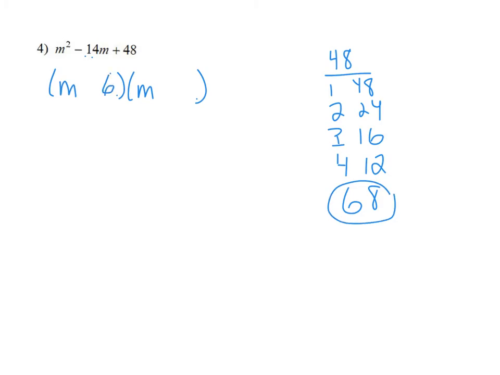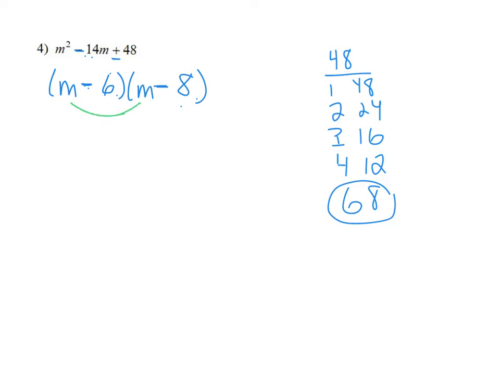Oh, and I forgot to do my signs. But we have a negative first and then a positive, so that means these are both going to be negative. And that makes sense, because if they multiply to the last one, negative 6 times negative 8 would be positive 48. And what's really great about having the same signs is that we're done. We can check it, but we don't have to switch anything around.